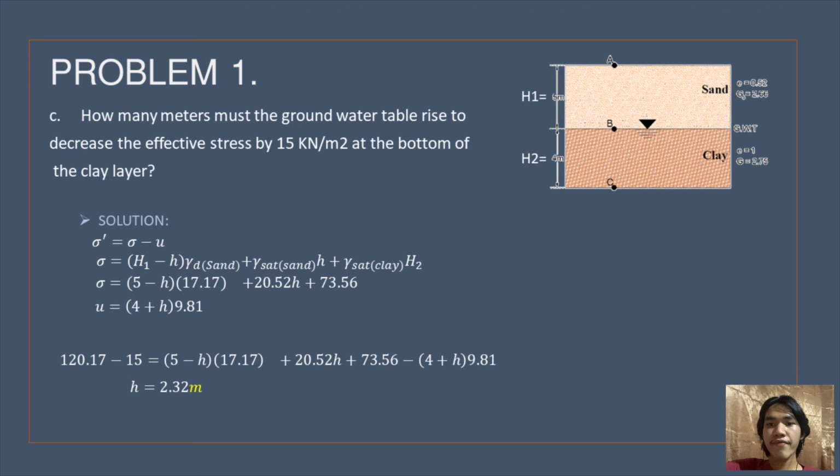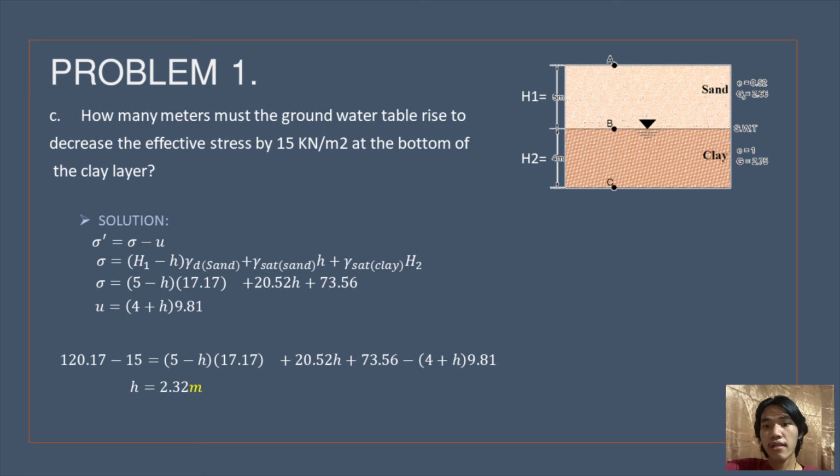Now we have this equation. First equation, (5 minus h) times 17.17 plus 20.52h plus 73.56. Now our pore water pressure is equal to (4 plus the unknown height) multiplied by the unit weight of the water.